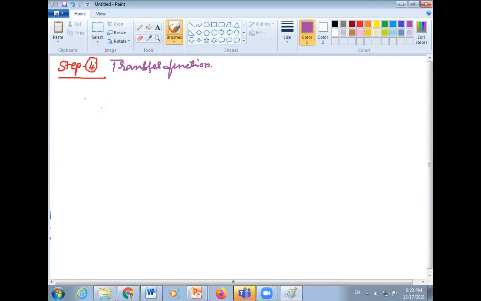Here we can write h of z is equal to h of 0 plus summation n equals 1 to (N minus 1)/2 of h of n multiplied with z power n plus z power minus n.